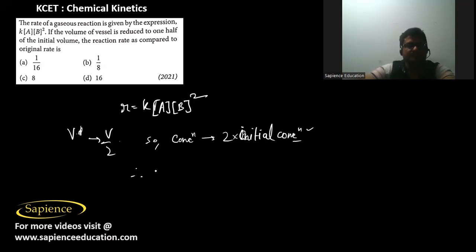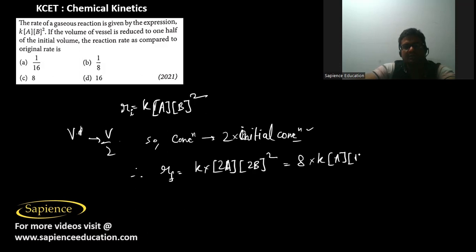So therefore, suppose this is the initial rate, now the final rate will be k into 2A, and this will be 2B whole square. So 2 into 4 is 8, so it will be 8 into k concentration of A into concentration of B whole square.